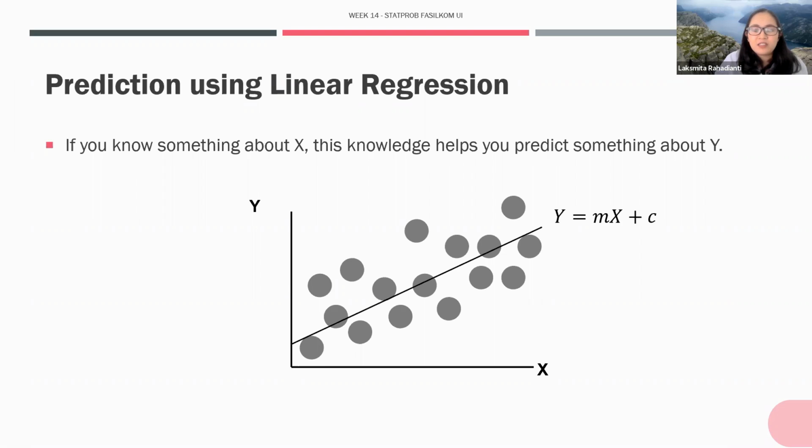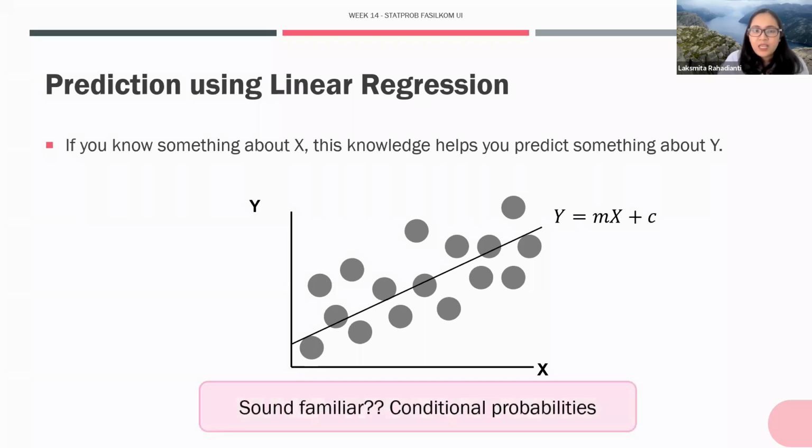What does Bayes model? Something given something else, right? In other words, these are our conditional probabilities. We've already learned P of X given Y, P of Z given something else. So what's the probability of it raining given the sky is dark and so forth? We are modeling the same thing here. What is the value of Y given a certain value of X?